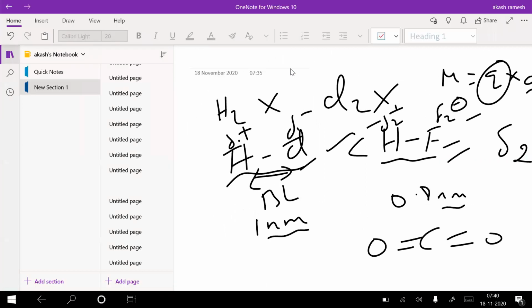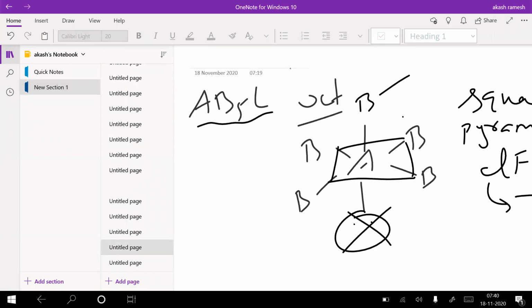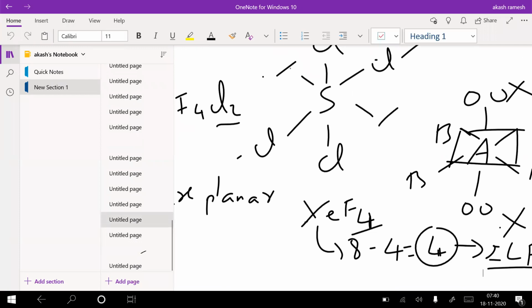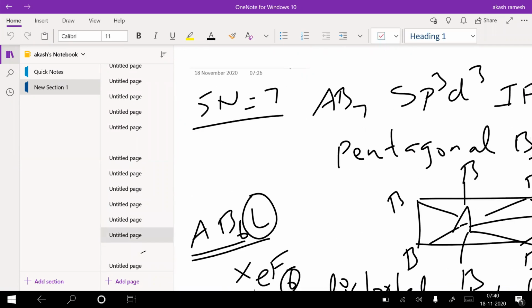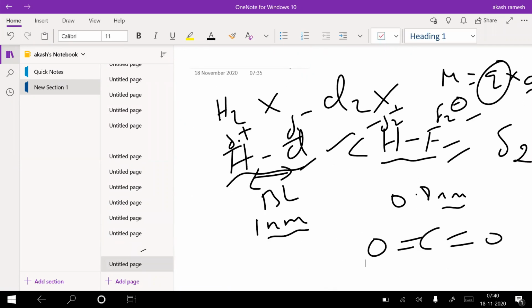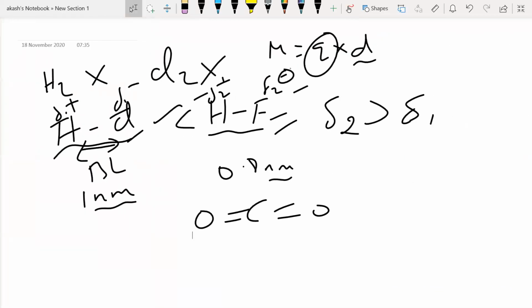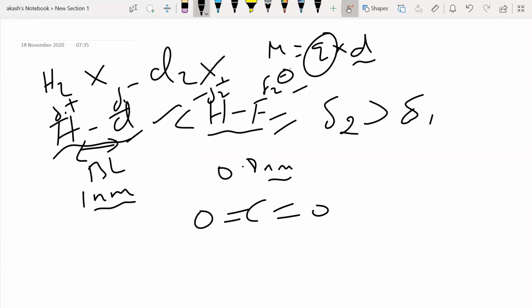Let me go back to the previous page. I'm sorry, guys, I think that page is gone. Okay, I'll tell you one more thing. We said that dipole moment is a vector quantity, and its formula is mu equals q into d. All that I told you. If it is a vector quantity, what you have to understand is which direction it will point towards.